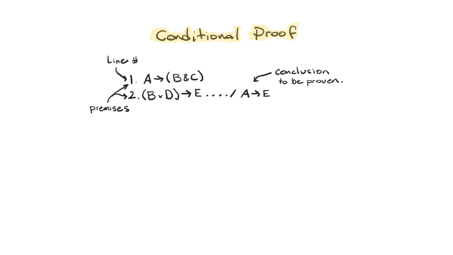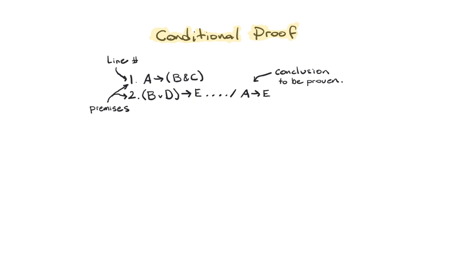So premise 1 is given: if A, then B and C. Premise 2, line 2: if B or D, then E. And then we have a few ellipses over here, and then that slash mark, which indicates what comes next, is the conclusion, the statement that we need to prove.